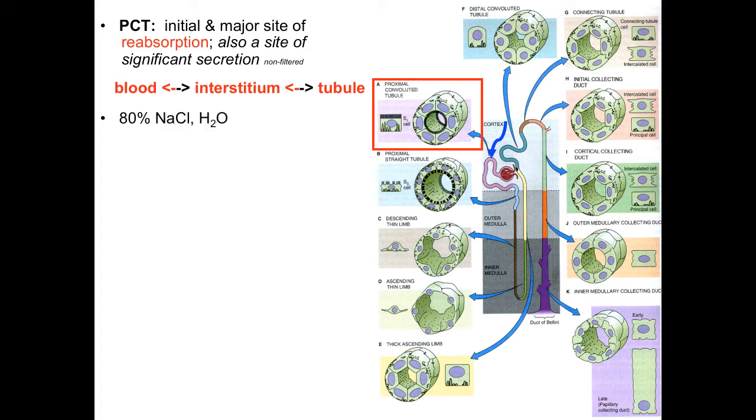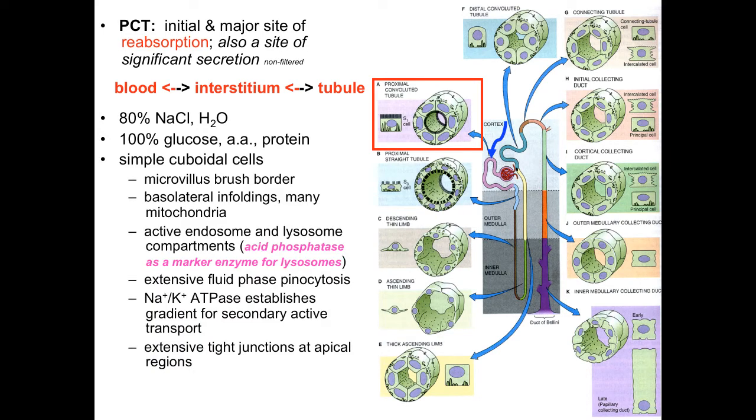At the proximal convoluted tubule, about 80% of the sodium chloride and water is reabsorbed by these cells. In the filtrate, essentially 100% of glucose, amino acids, and proteins are absorbed by cells in the proximal convoluted tubule.